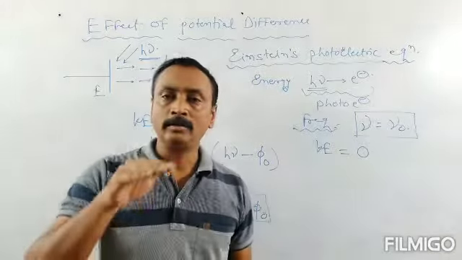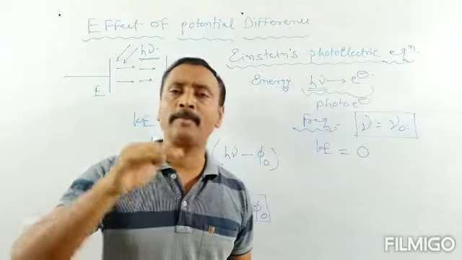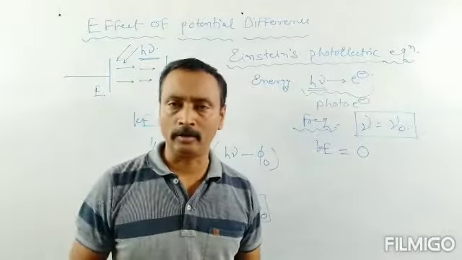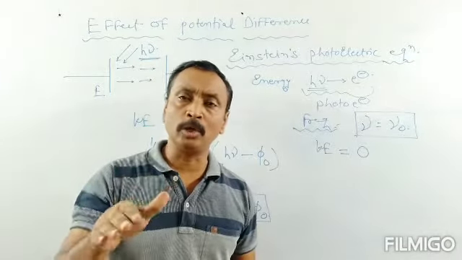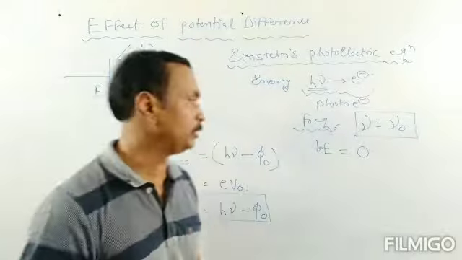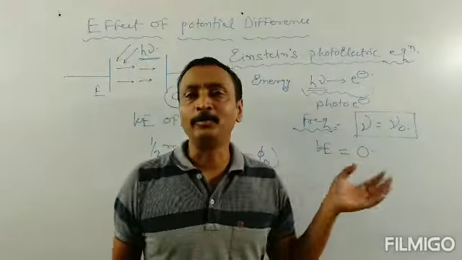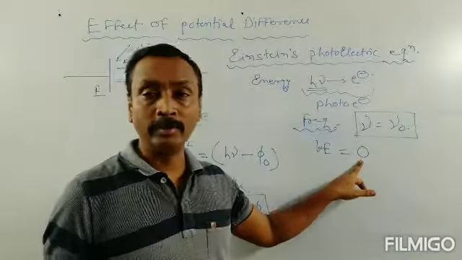Until we reach that frequency level, we can't get the photoelectric current. If we decrease the frequency lower than the threshold frequency, there is no photoelectric current at all, and there is no kinetic energy, the kinetic energy will be 0.